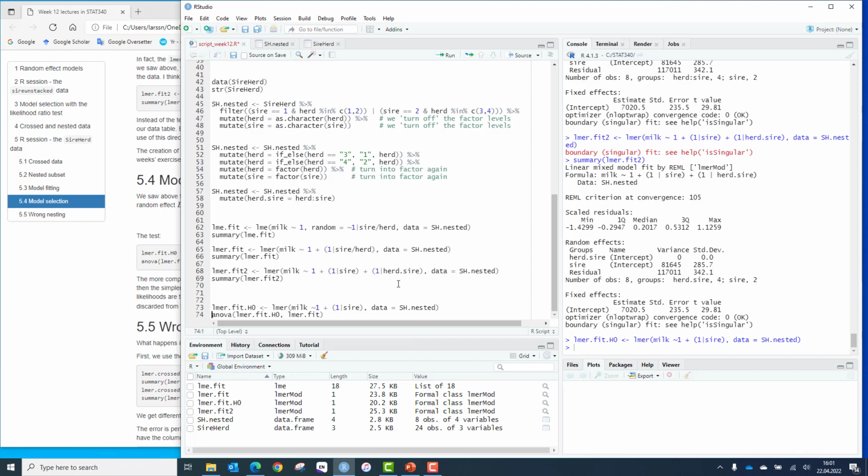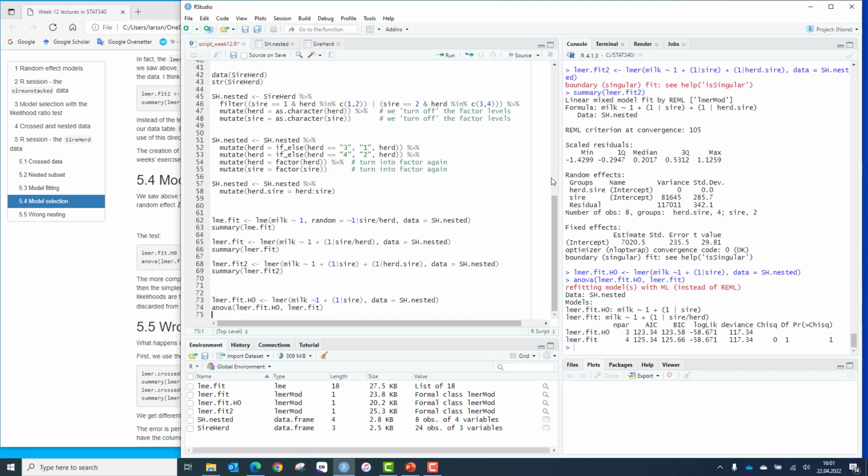So let's do that. We fit the model without the random effect of herd. And then we can compare this simple model to the more complicated one where herd is included. And what happens if we do it? Well, we see that the p-value is 1.